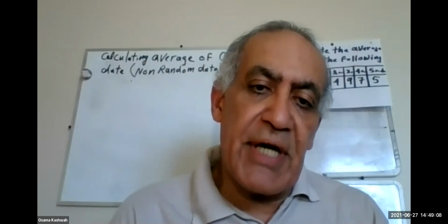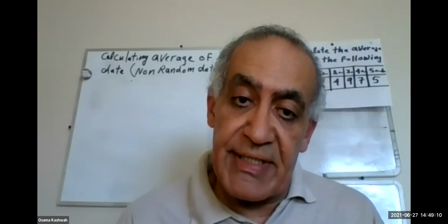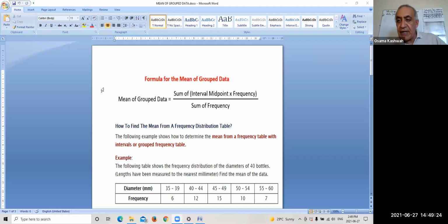Now we will move forward to another average, but this time it is from categorized data that is divided into denominations, and I will show right now what I mean by this. But first, let me share the screen to have an example here. Then we will go directly to the board to do exactly the same example.